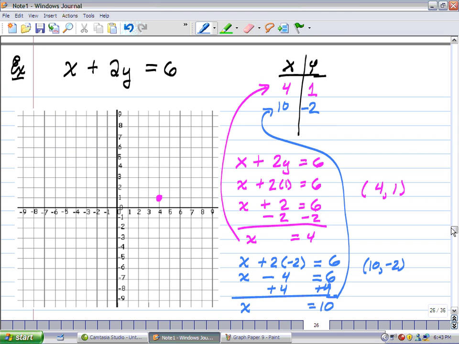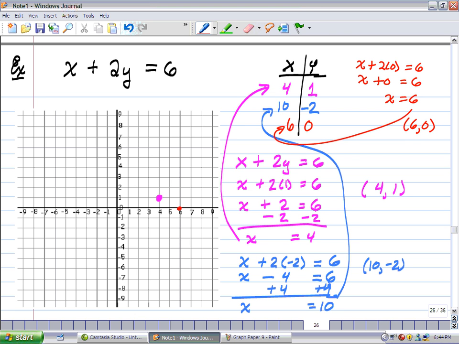So I'm going to pick perhaps 0. Let me pick 0. And I will put it over here. X plus 2 times 0 equals 6. So x plus 0 equals 6. So x equals 6. That point will be 6, 0.